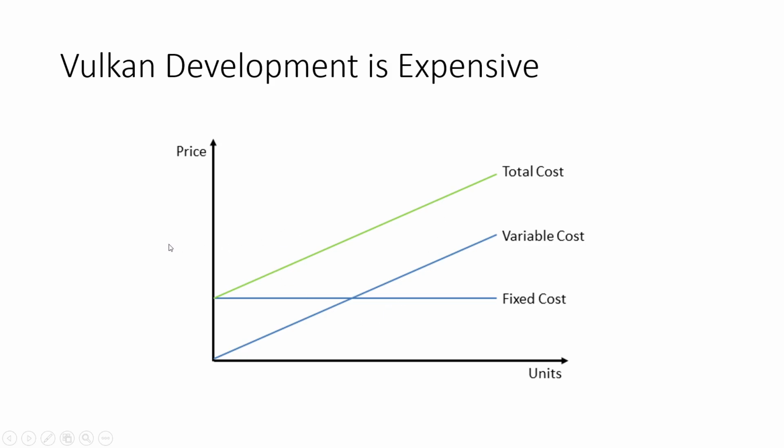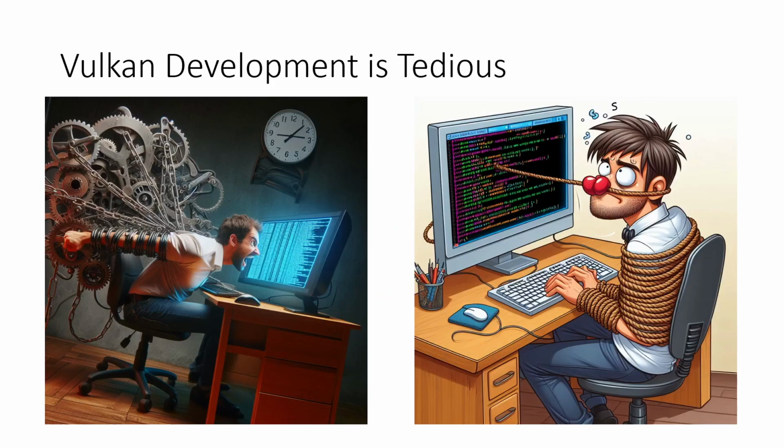It's not just a one-time investment. It is a permanent reduction of your productivity by a factor of about 5 times. It's tedious. This is like AI's interpretation of my description of what Vulkan development is like.